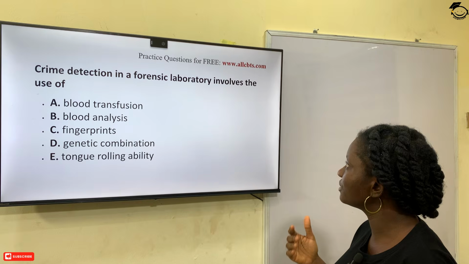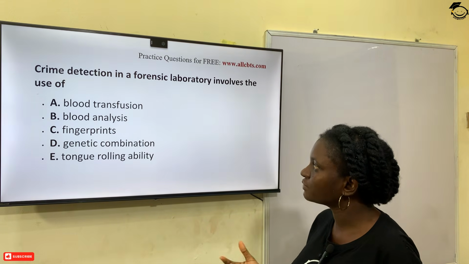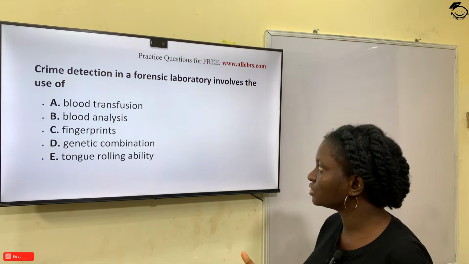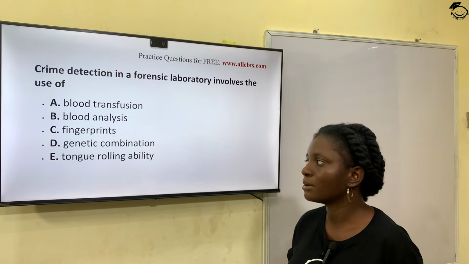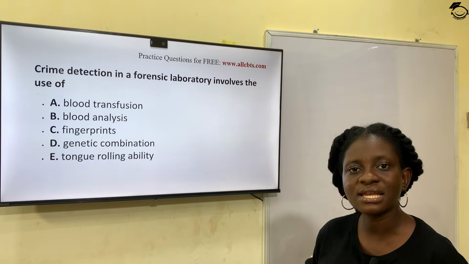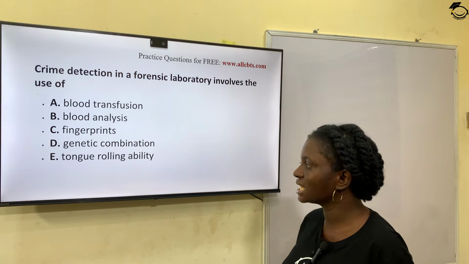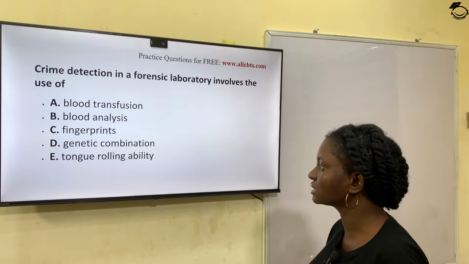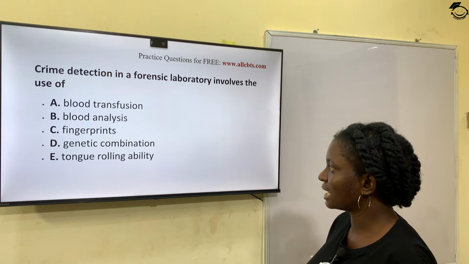So crime detection in a forensic laboratory involves the use of A, blood transfusion; B, blood analysis; C, fingerprint; D, genetic combination; E, tongue rolling ability.